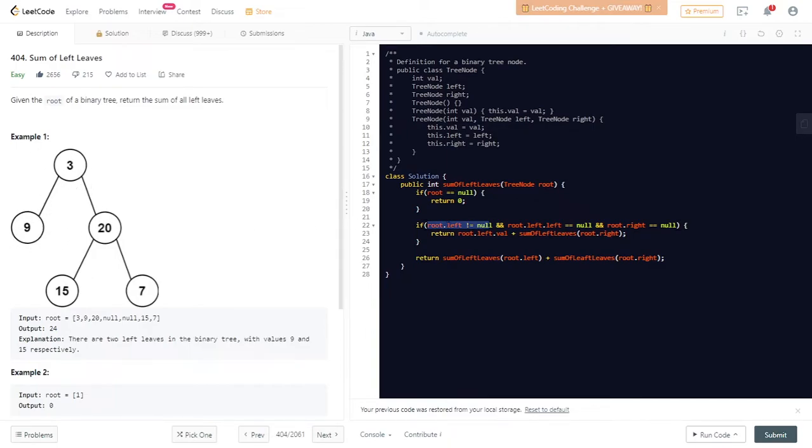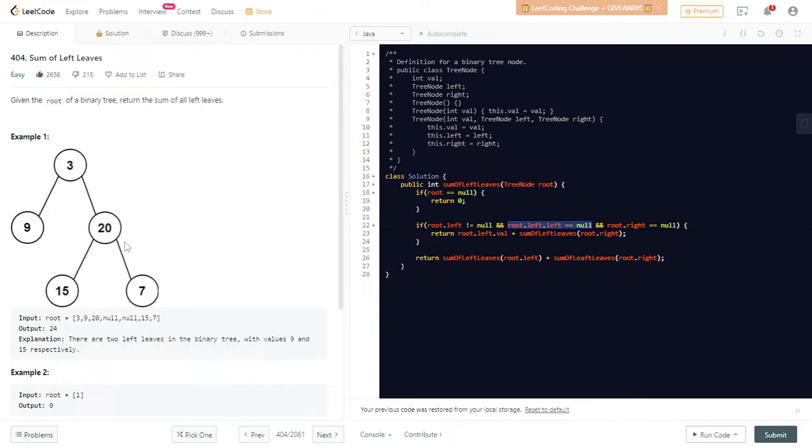Does this 9 contain any left children, and is it null? This 9 does not have any children, so it's null. So we have only 9. And root dot right is not equal to null.